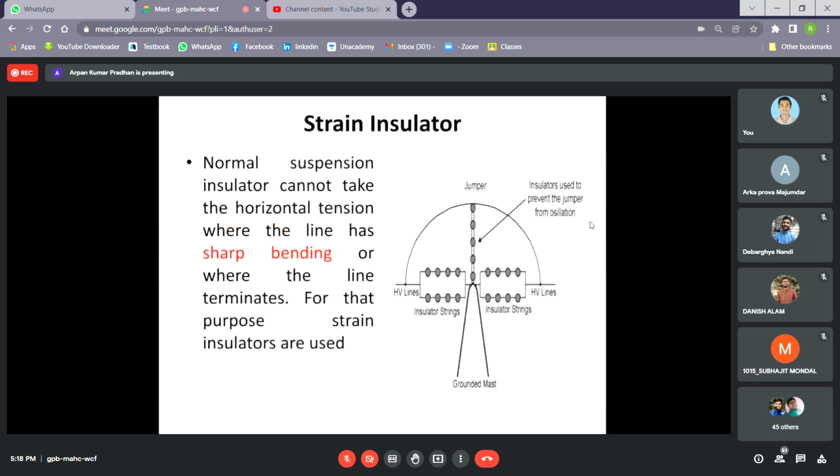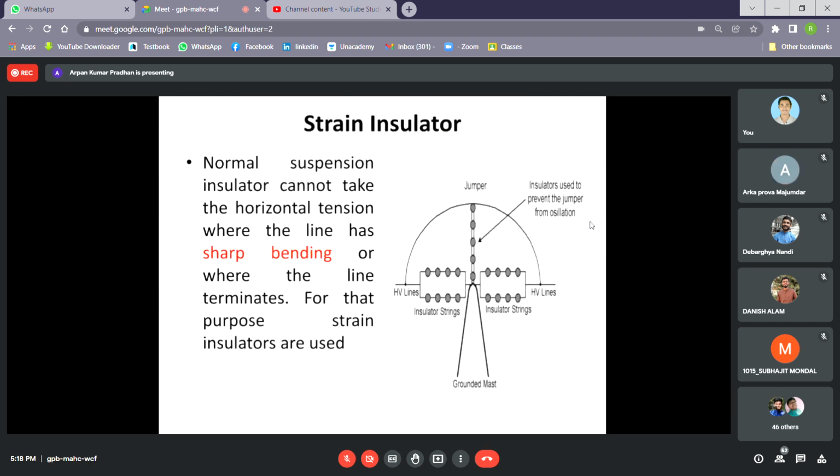As I mentioned, suppose your transmission line requires a sharp bend. That means sometimes it requires around a 90-degree bend. Or if there is a terminal, in that case we generally use strain insulators. You can say there is a jumper.